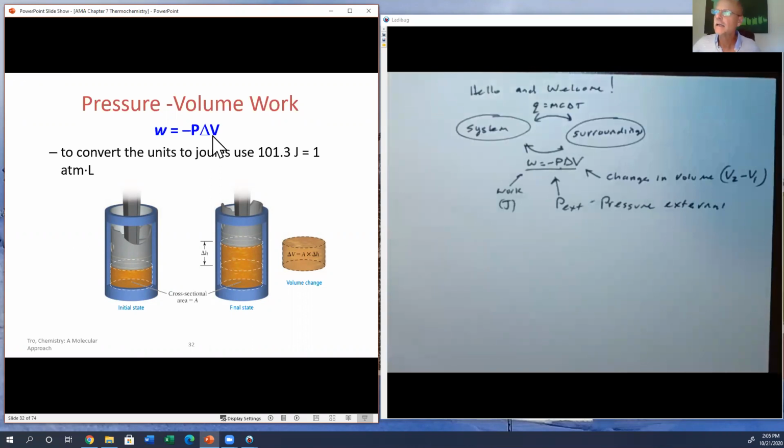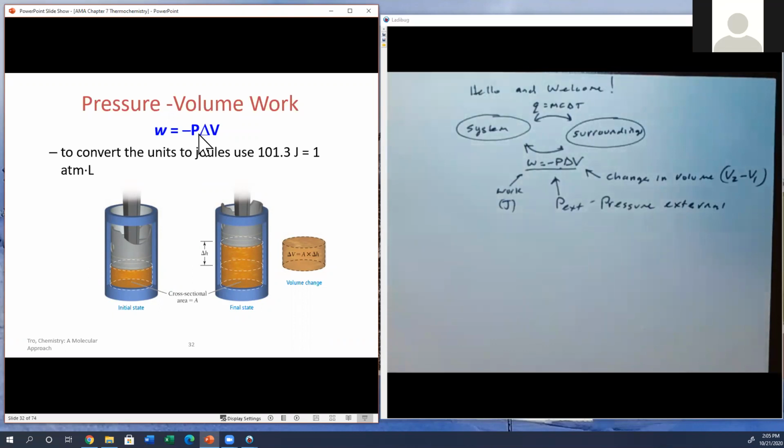On the other hand, if V2 is smaller than V1, so if you go this way, then delta V is negative, so work would be positive, right?